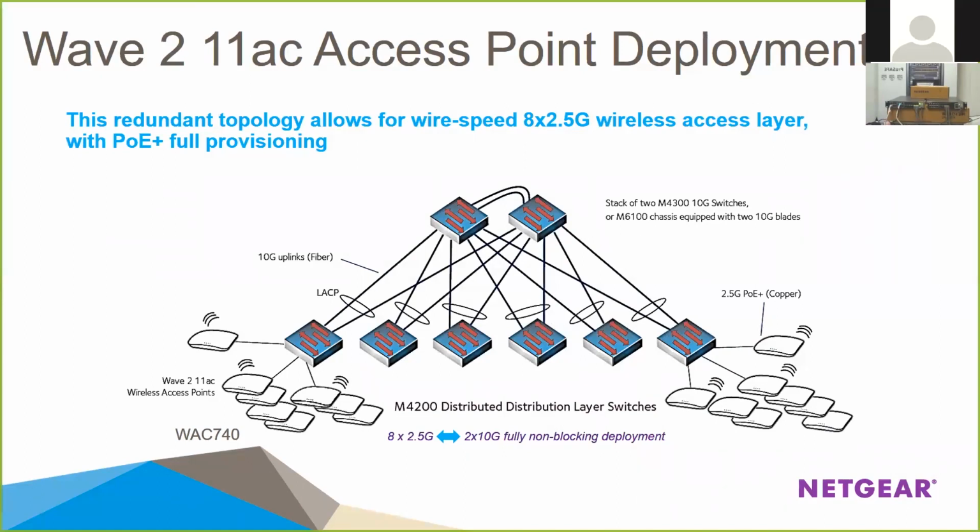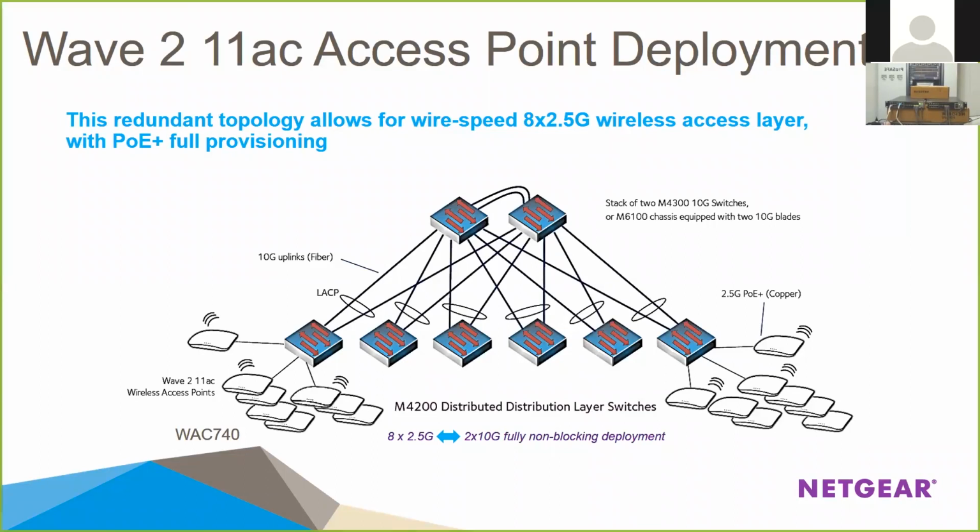And how do we get unstoppable operation? We need to have an overall redundant installation. So redundancy is the very first important pillar. Second, we want to have a high performance installation, because Wave 2 is all about aggregated throughput way above 1 gig per second, up to 2.4 gigabit per second on the WAC740.